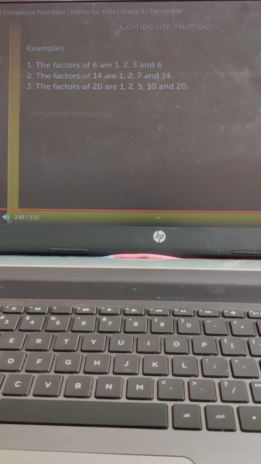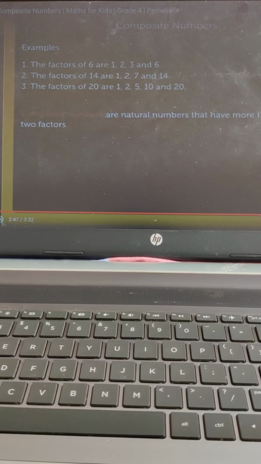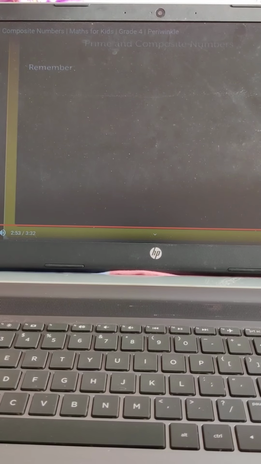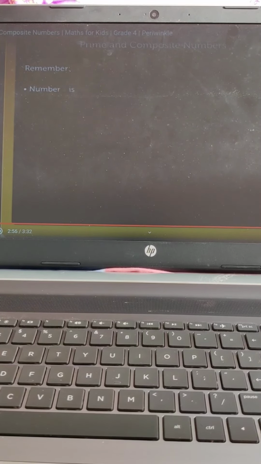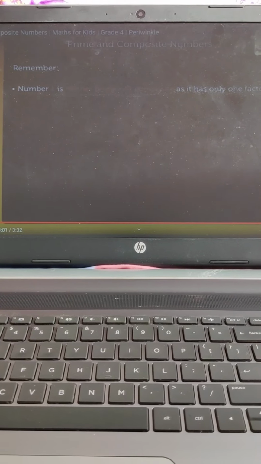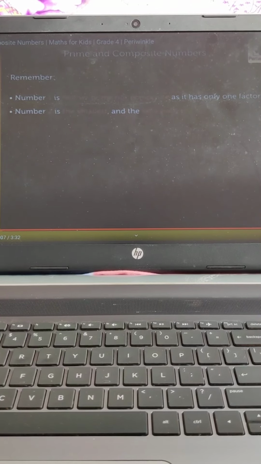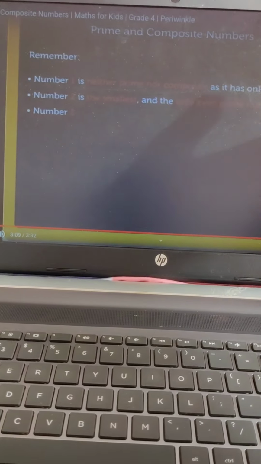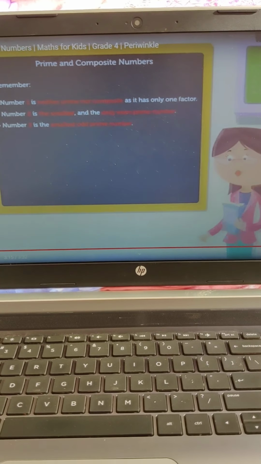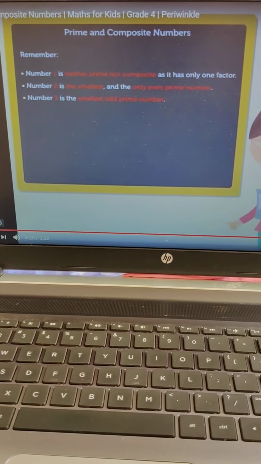Thus, composite numbers are natural numbers that have more than 2 factors. Remember these points. 1 is neither prime nor composite, as it has only one factor. 2 is the smallest and the only even prime number. 3 is the smallest odd prime number. Now, why don't you list all the prime and composite numbers from 1 to 100?